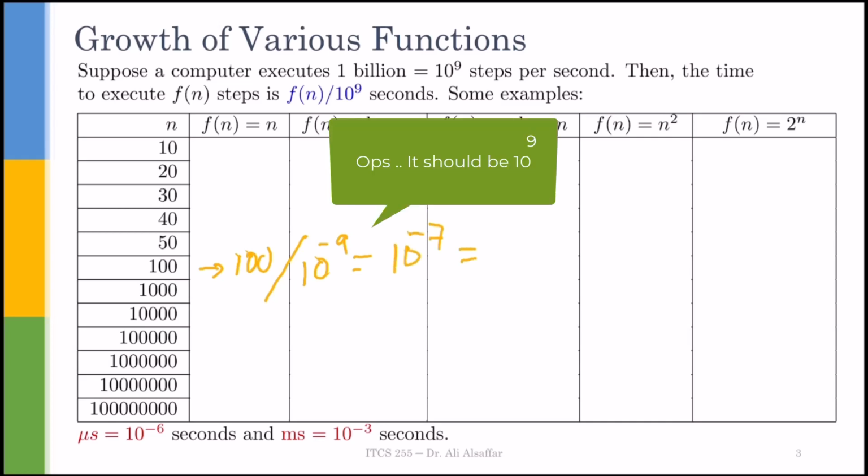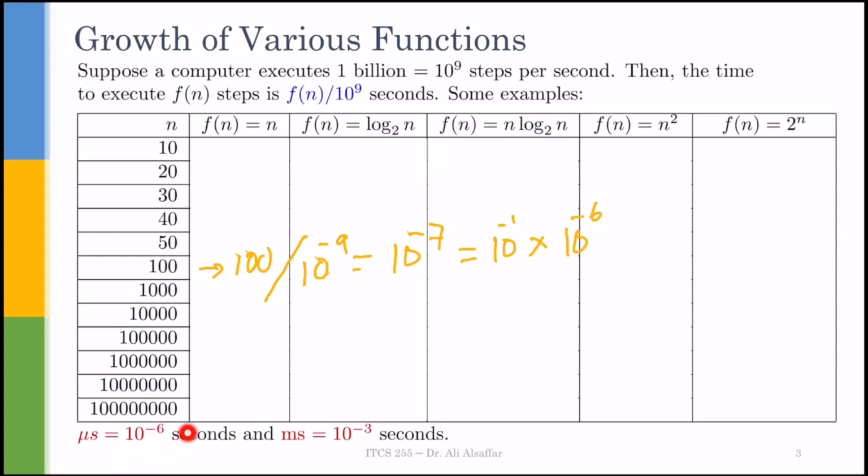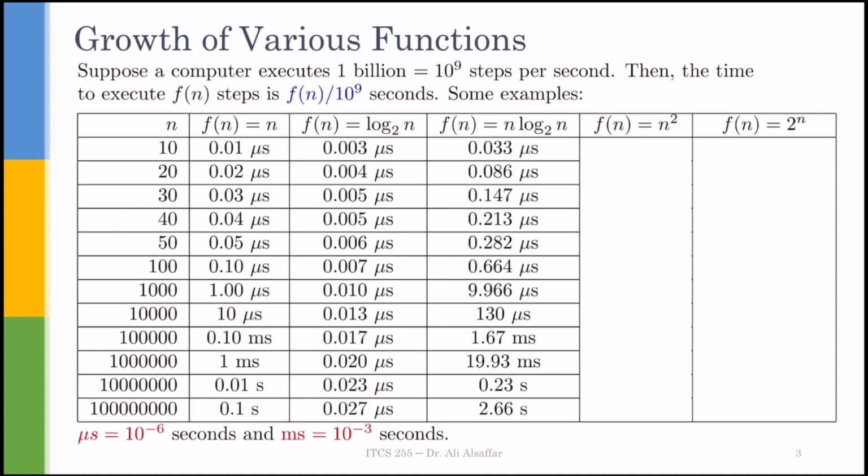This is equal to 10 raised to power minus 1 multiplied by 10 raised to power minus 6, and minus 6 is microsecond. So this is equal to 10 raised to power minus 1 microsecond, which is equal to 0.1 microsecond.